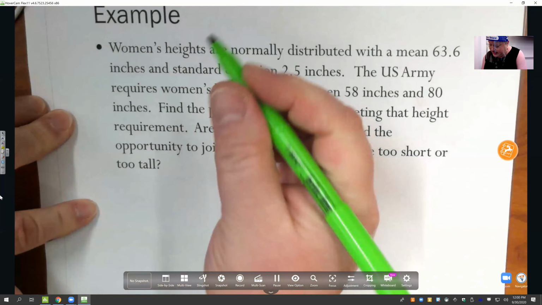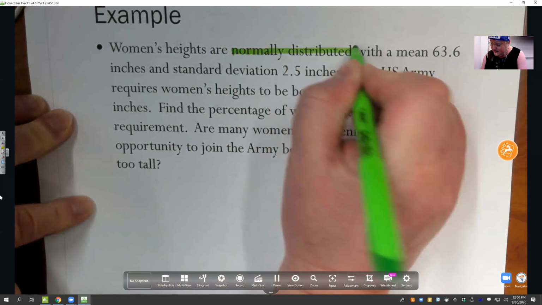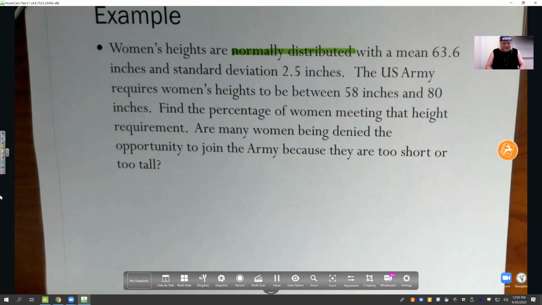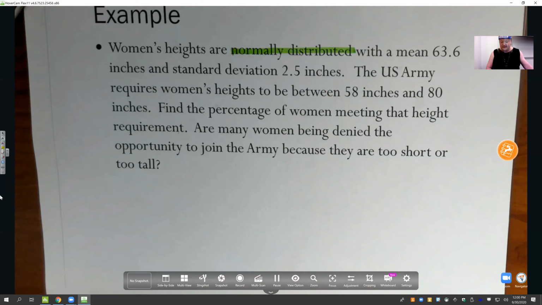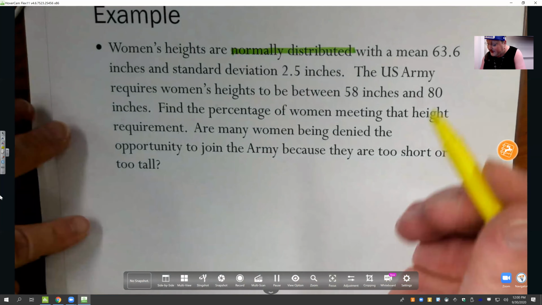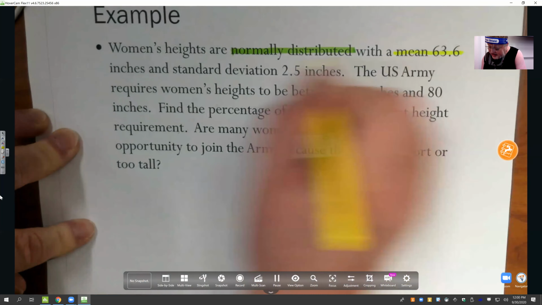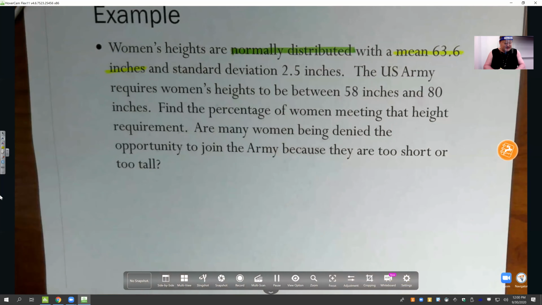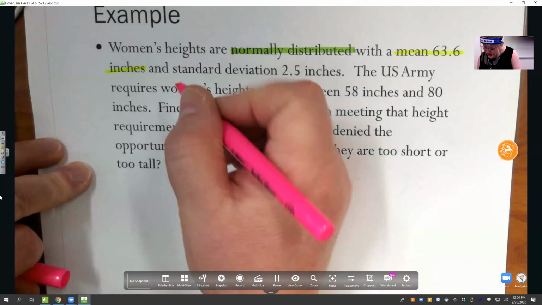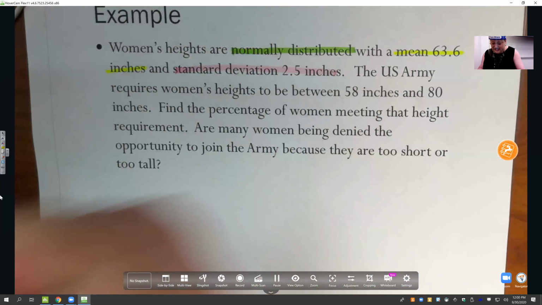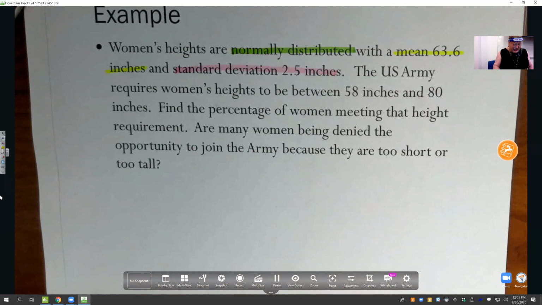Notice in the first sentence, it tells me that I have a normal distribution, so I know it's normal. It tells me that my mean is 63.6 inches, and it tells me that my standard deviation is 2.5. So I have the 3 things that I need.